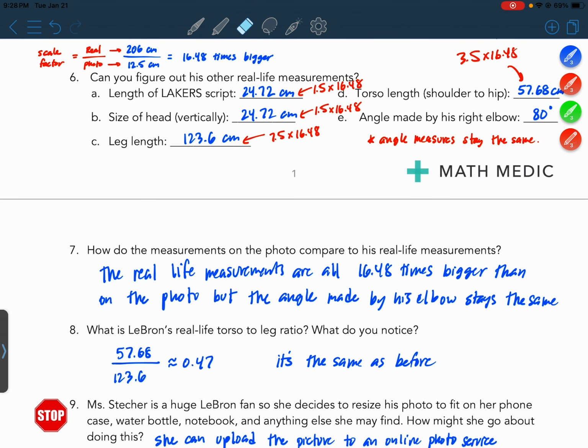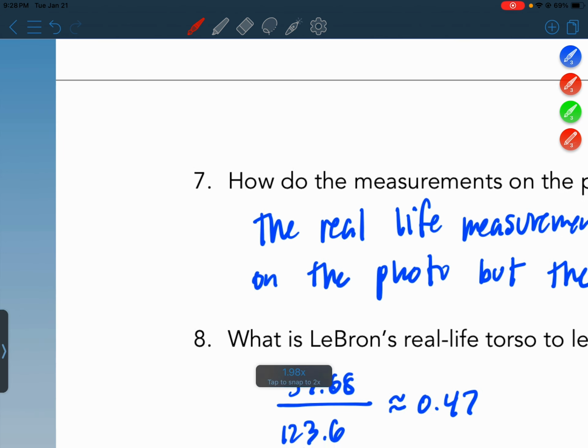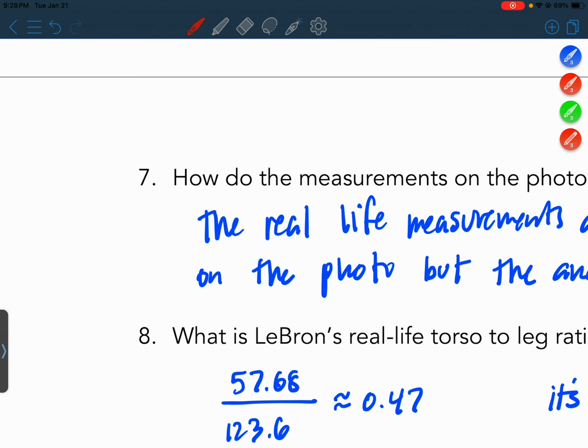7, how do the measurements on the photo compare to his real life measurements? Well, we know that his real life measurements are all going to be about 16.5 times bigger than what we got in the photo, except for the angle. So that part is important. The angle stayed the same. Here's another opportunity where I want you to take some notes in your red pen.